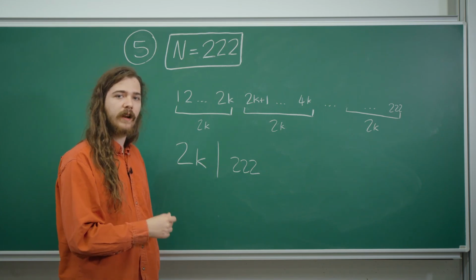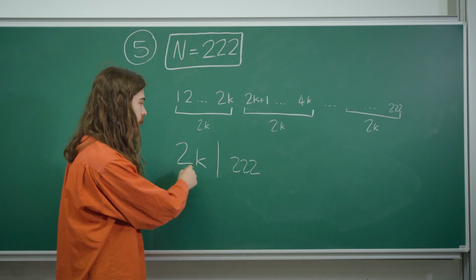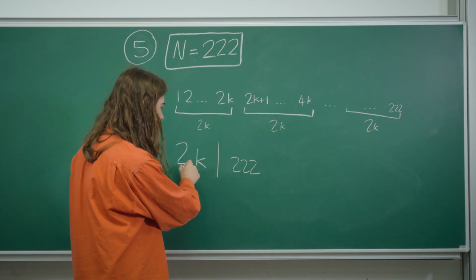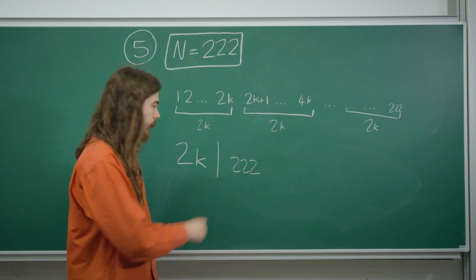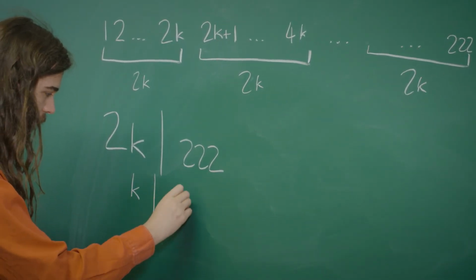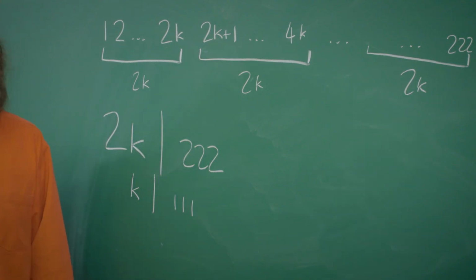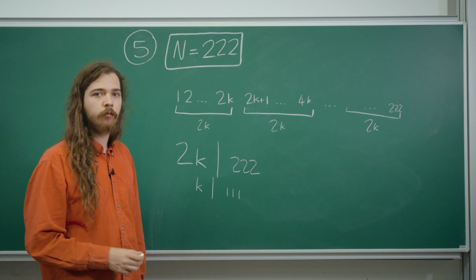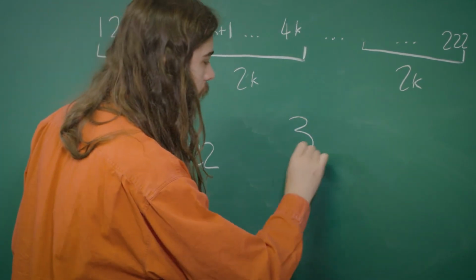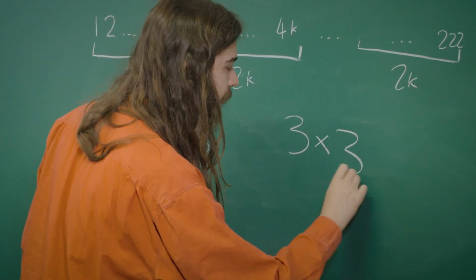So we're looking for the values of k such that 2k is a factor of 222. Well, if 2k is a factor of 222, that is the same thing as saying that k is a factor of 111. So what are the factors of 111? The prime factors of 111 are 3 times 37.